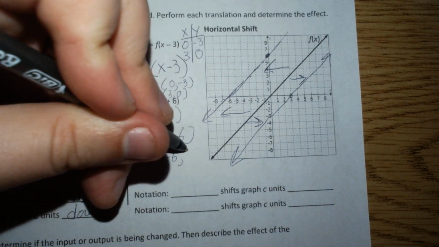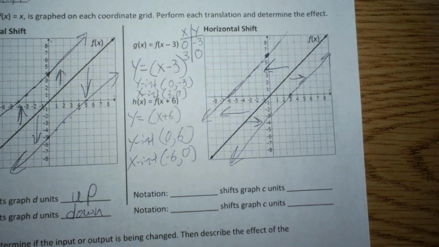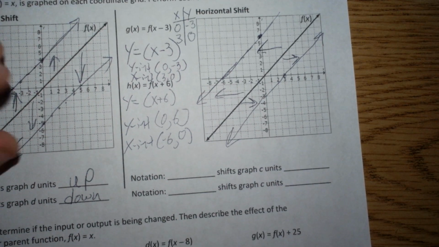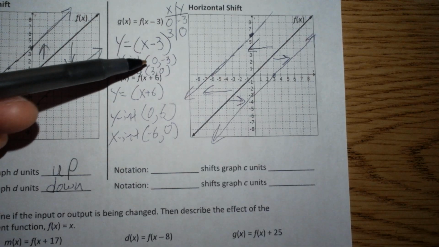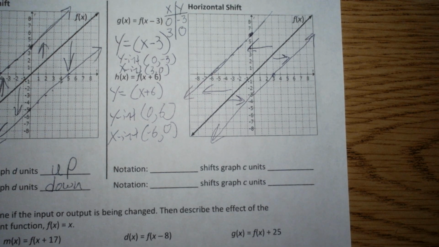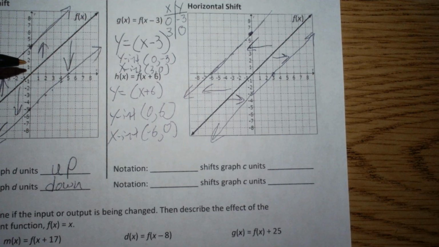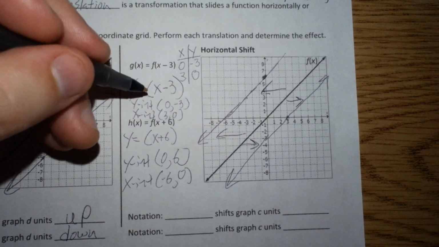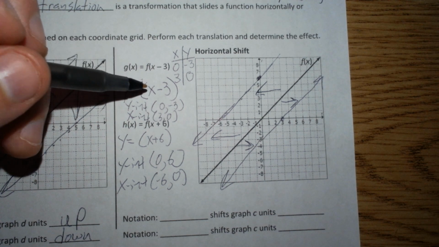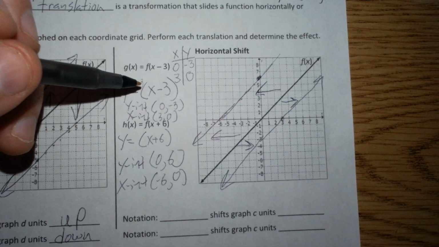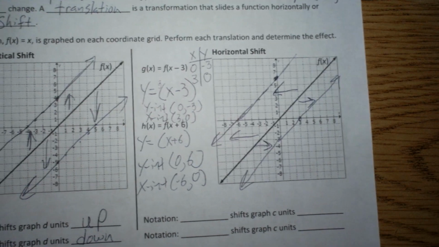of negative 6, 0. And so the way this works, because you're probably saying, well, wait a minute, don't they really do the same thing? Because it's just minus 3 plus 3. Right now it looks like they do, but what's going to happen is if I add a slope to that, like we'll do in the future lessons, if I had a slope of 3 here, I would do 3 times x is 3x. 3 times negative 3 would be negative 9.